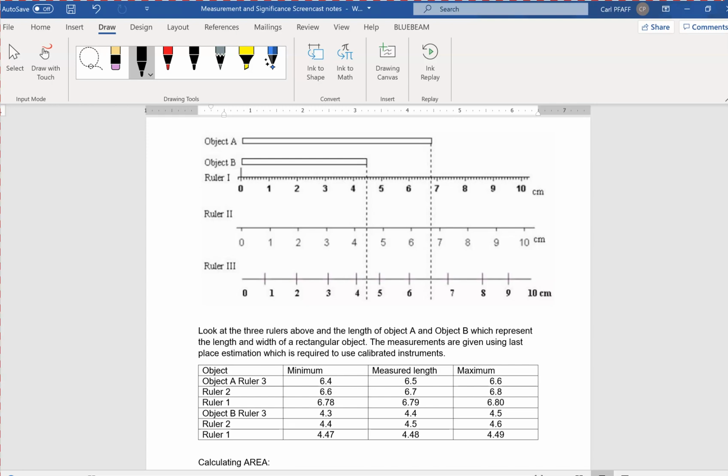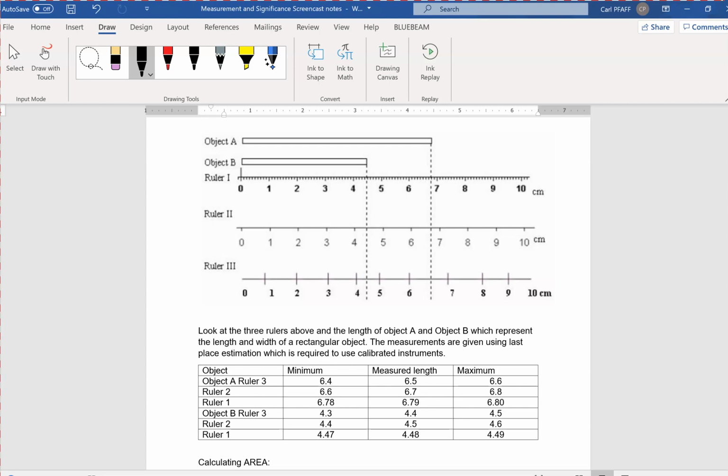If you said 4.47, 4.49, no big deal, right? Your estimation and my estimation. But when we record those measurements, we're saying that 4.48 is between 4.47 and 4.49. That's our best guess. Ruler number 2 is between 4.4 and 4.6, ruler number 3 between 4.3 and 4.5.